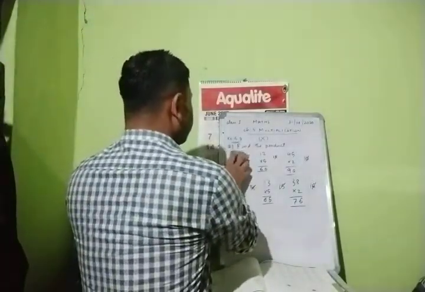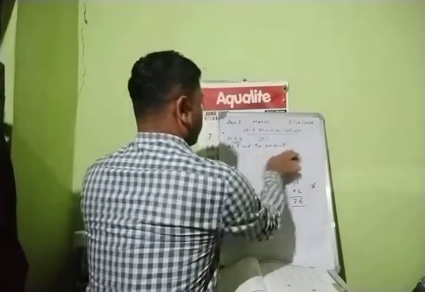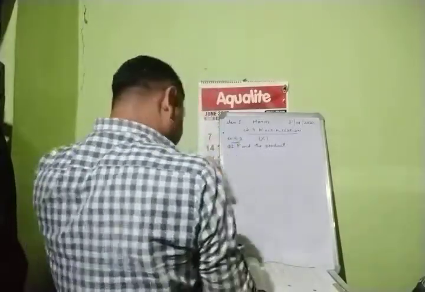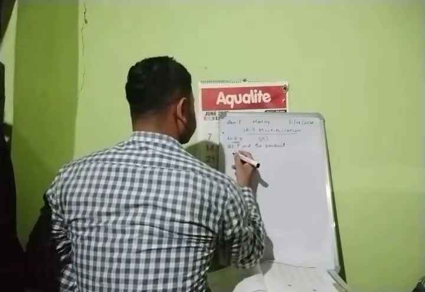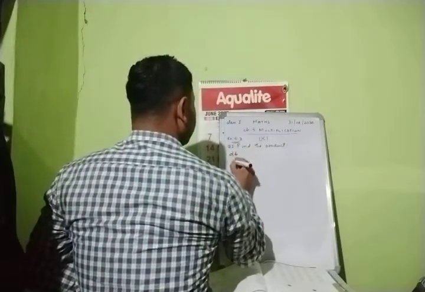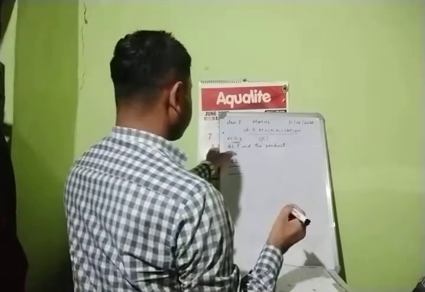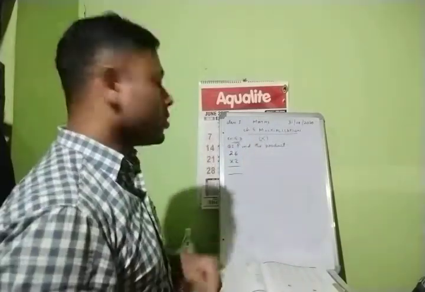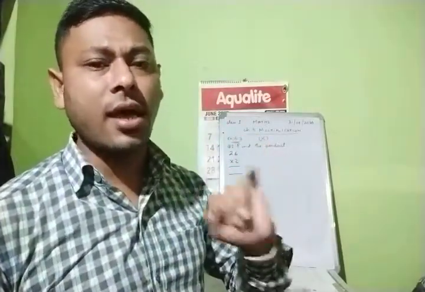Next question. 2 6 into 2. Now see, 2 into 6. 2 1s are 2. 2 2s are 4. 2 3s are 6. 2 4s are 8. 2 5s are 10. 2 6s are 12.